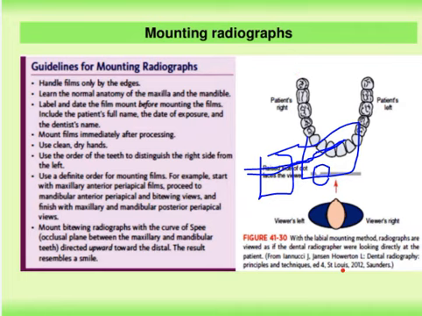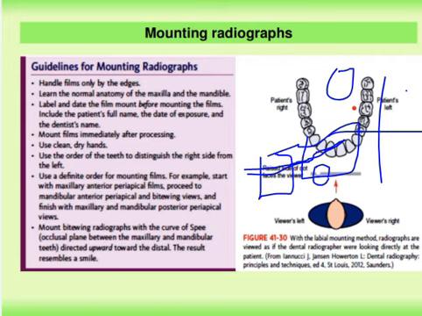So your right side is always the patient's left side. When you arrange the film, you'll be arranging the left side of the patient in the quadrant. Okay, so this is your patient's left side and this is the patient's right side. So your right hand corresponds to the patient's left side of the jaw.